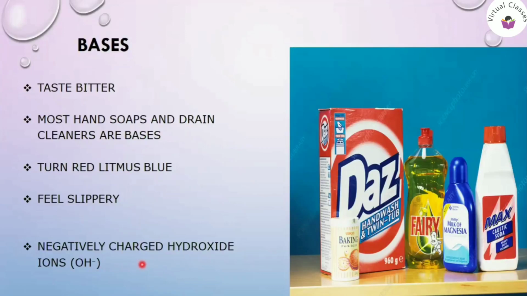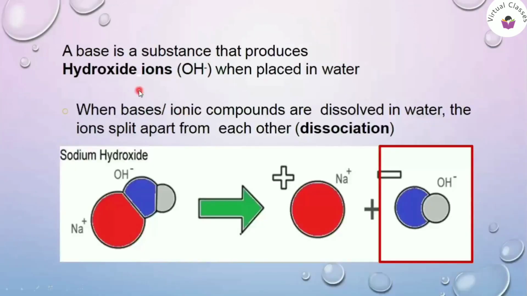Let's look at it in detail now. A base is a substance that produces hydroxide ions when placed in water. As we saw, all acids have a common cation, hydrogen ion. Similarly, all bases have a common anion which is hydroxide ion.